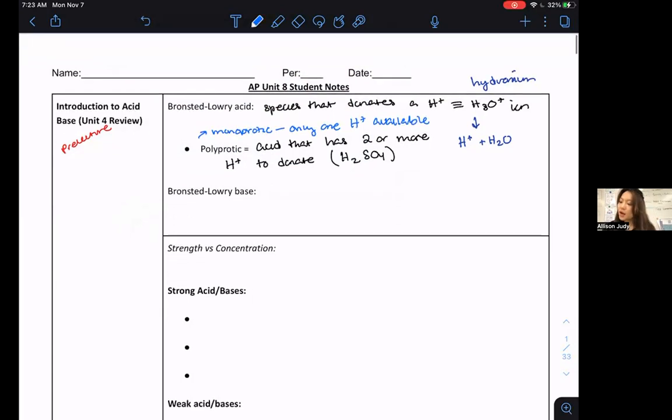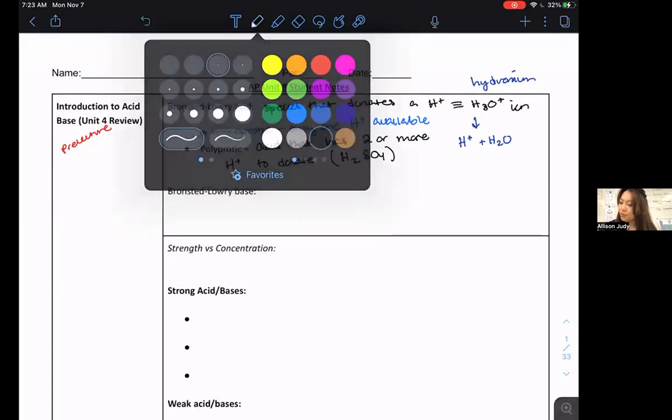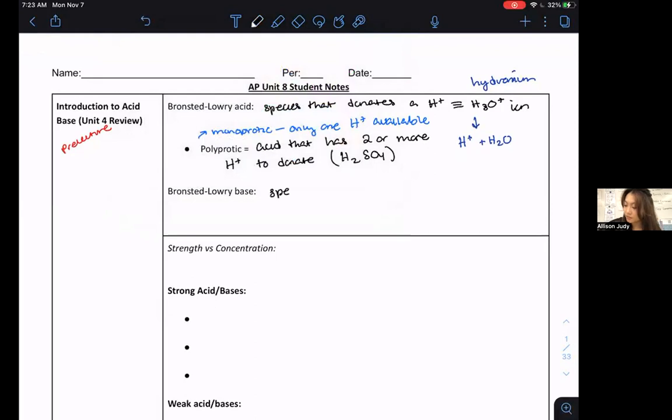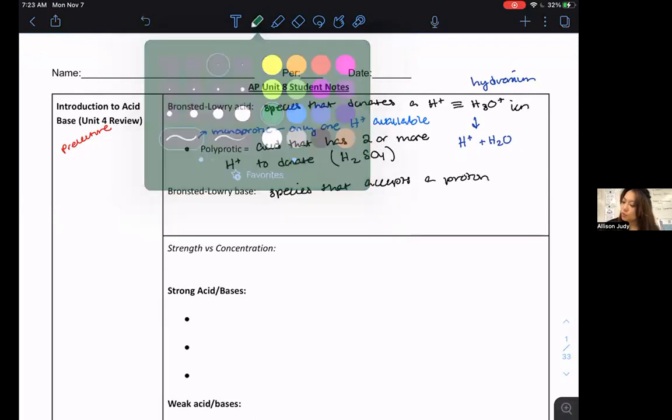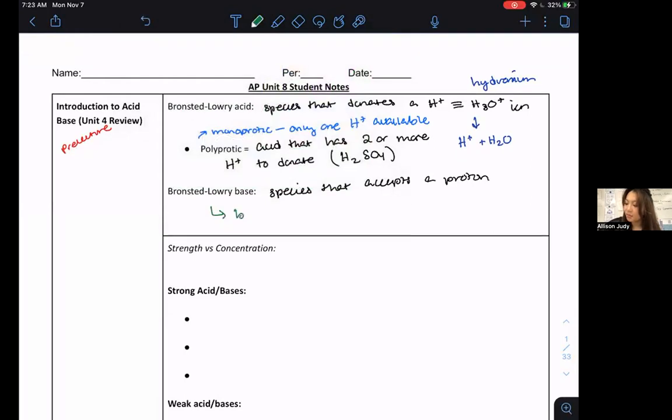So the Bronsted-Lowry base understanding, of course, is a species that accepts a proton. And then we often say that we can identify a base, specifically strong bases, because strong bases often have an OH minus ion.